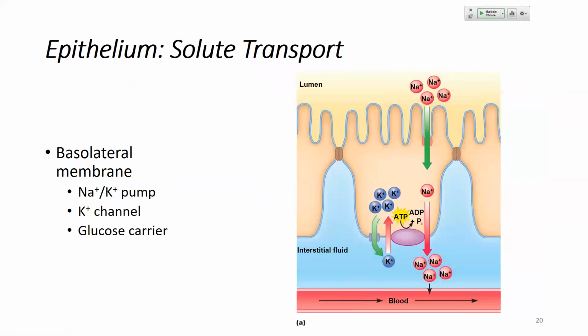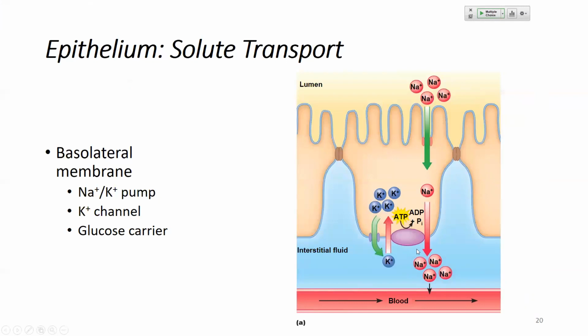Now, there are certain features on the basolateral membrane that are not present on the apical membrane and vice versa. So let's start by looking at what's present at the basolateral surface. On the basal membrane or the basolateral membrane, there is the presence of the sodium-potassium pump. We spoke about this pump before.